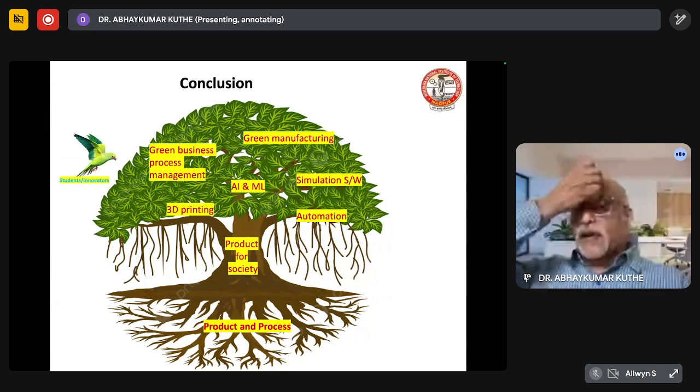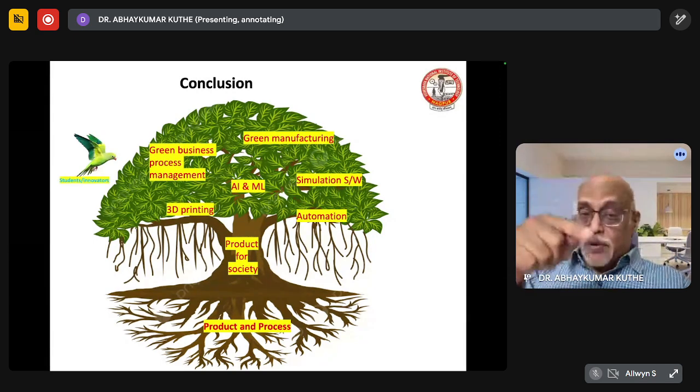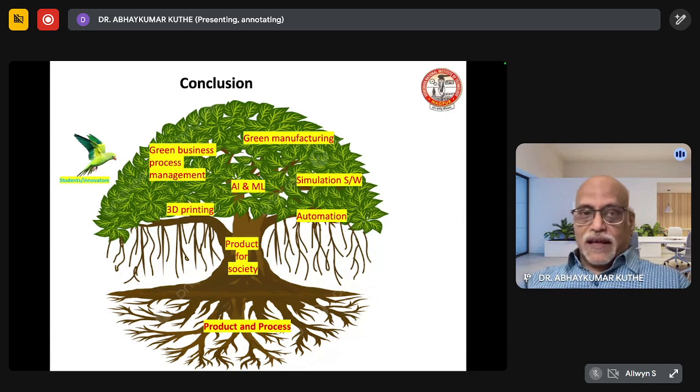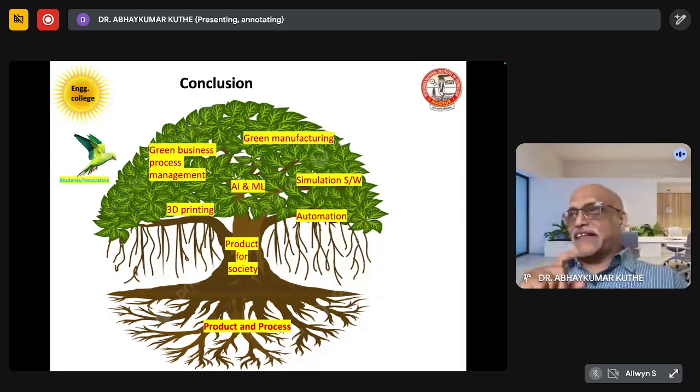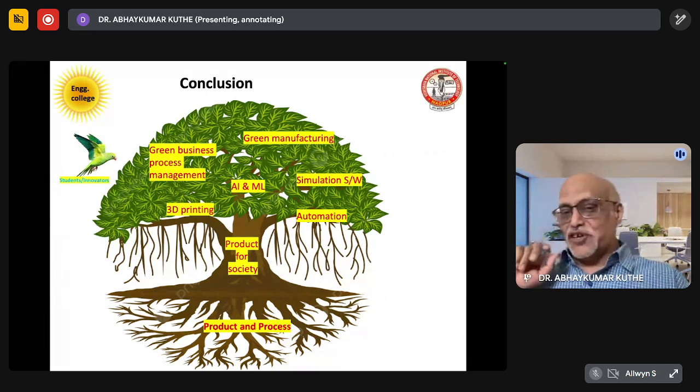All these things, if at all we can use in the product for society, with the students and innovators coming together, it will be possible for us only with the engineering colleges. And that's how I'm showing it here, the sun as the engineering colleges.